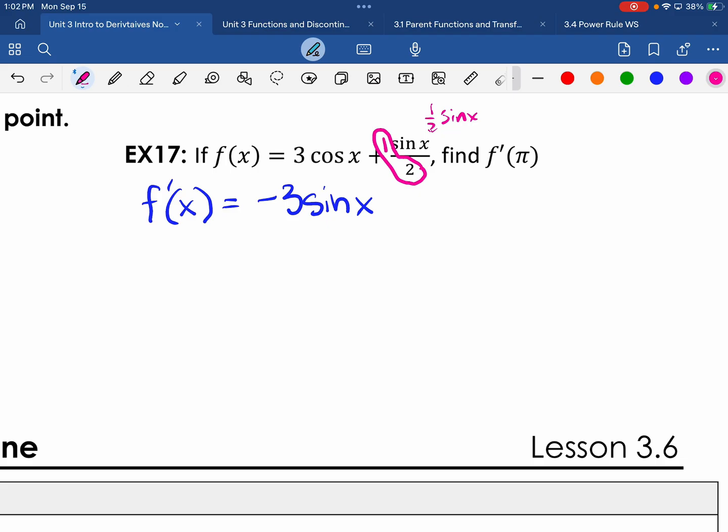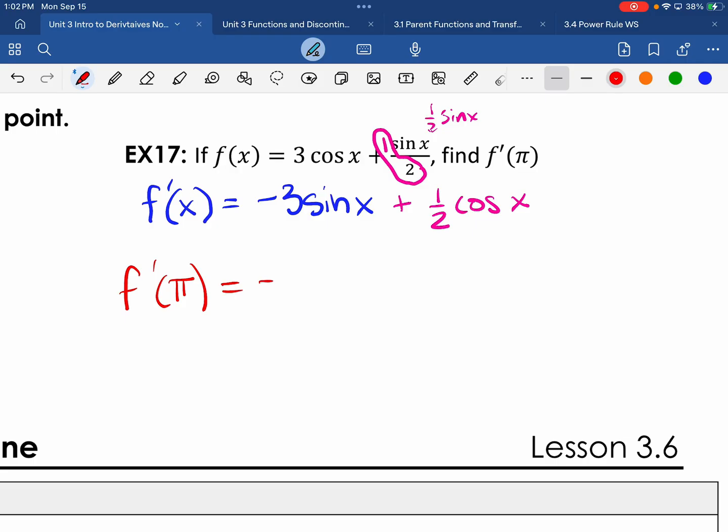So the 1/2 is just hanging out, and the derivative of sine is going to be cosine. So this is my derivative. Now I'm going to plug pi in. So f prime of pi is negative 3 sine of pi plus 1/2 cosine of pi.